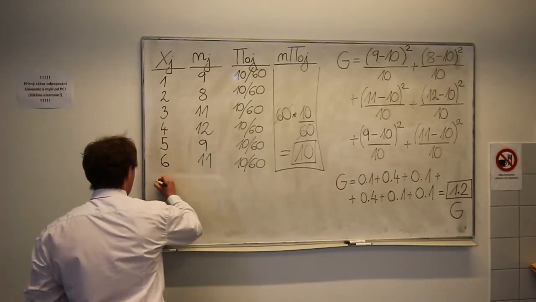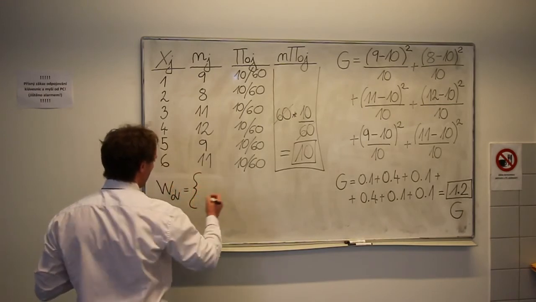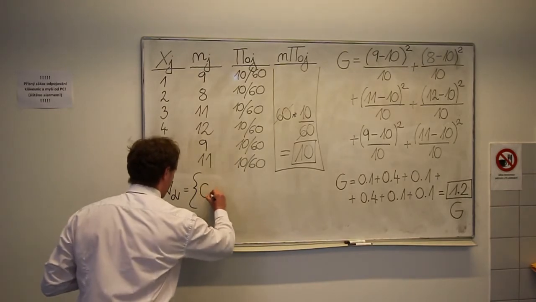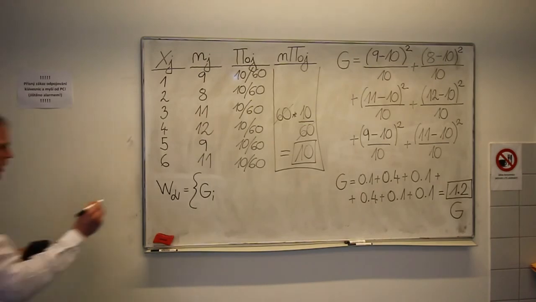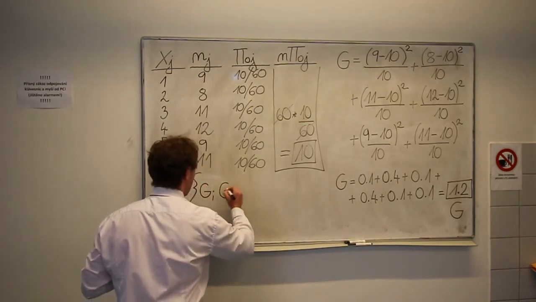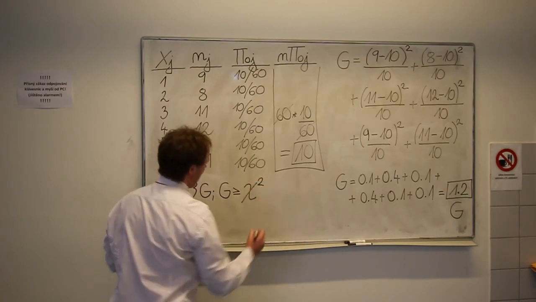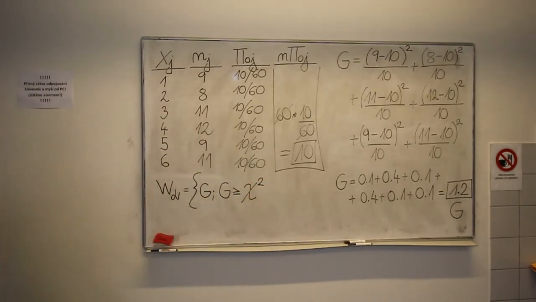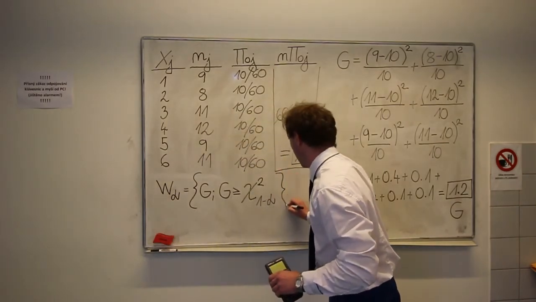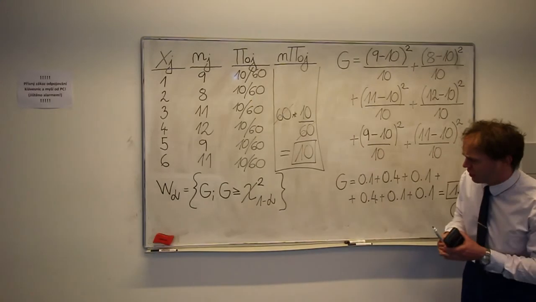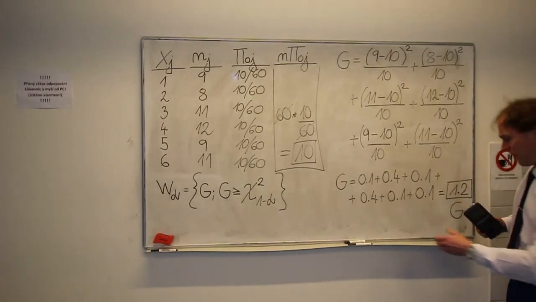Rejection region W alpha is equal to: for statistic G it is valid, if G is higher or equal to the critical quantile chi squared 1 minus alpha, then we enter the rejection region and we must reject the zero hypothesis.